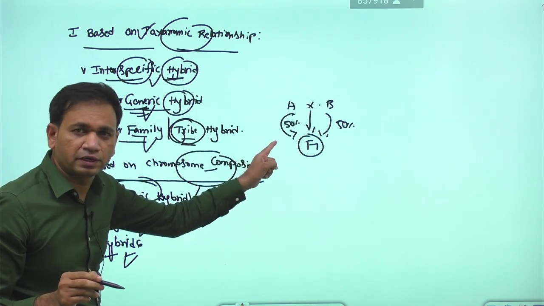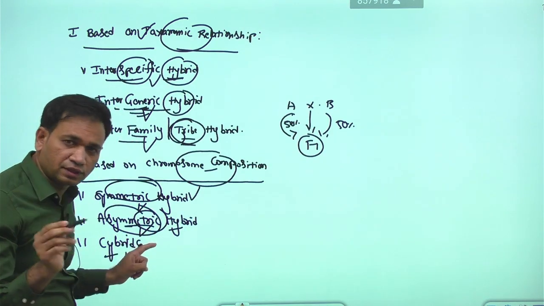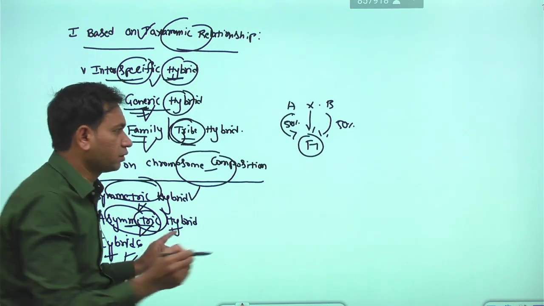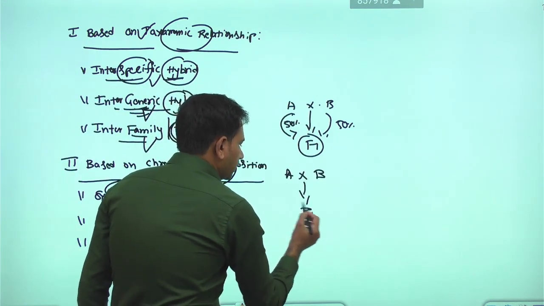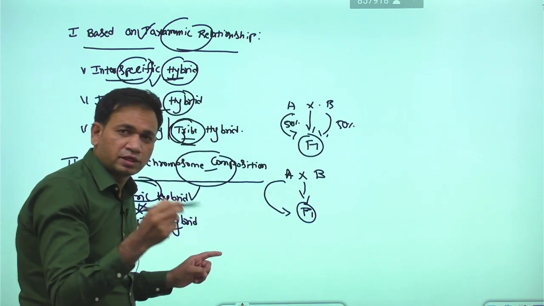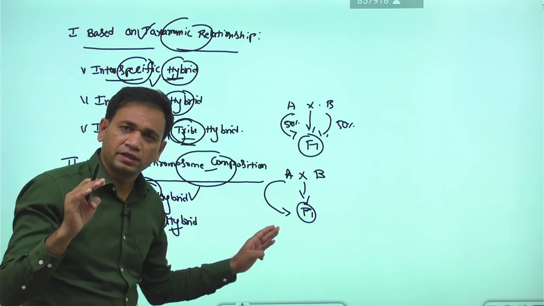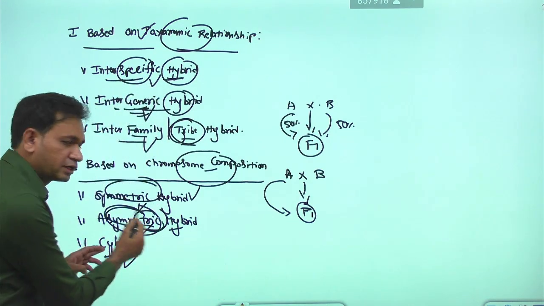But in the case of the asymmetric hybrid, the maximum chromosome composition comes from one parent. You have to remember, right? The maximum chromosome composition comes from one parent, and from the other parent there is the least or zero inheritance. Such kind of inheritance is called an asymmetric type of hybrid.